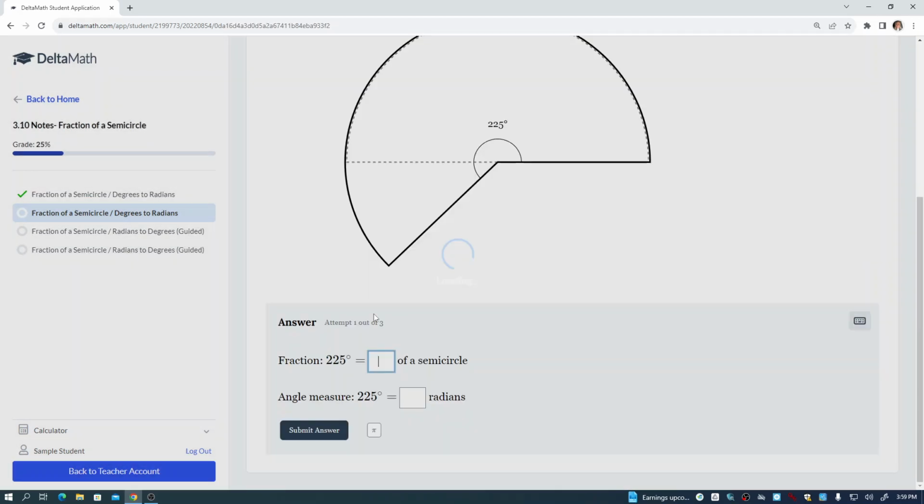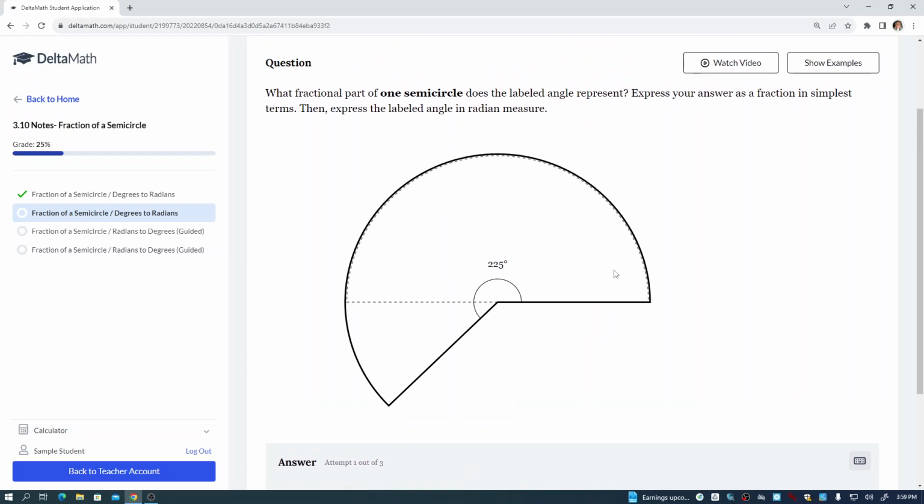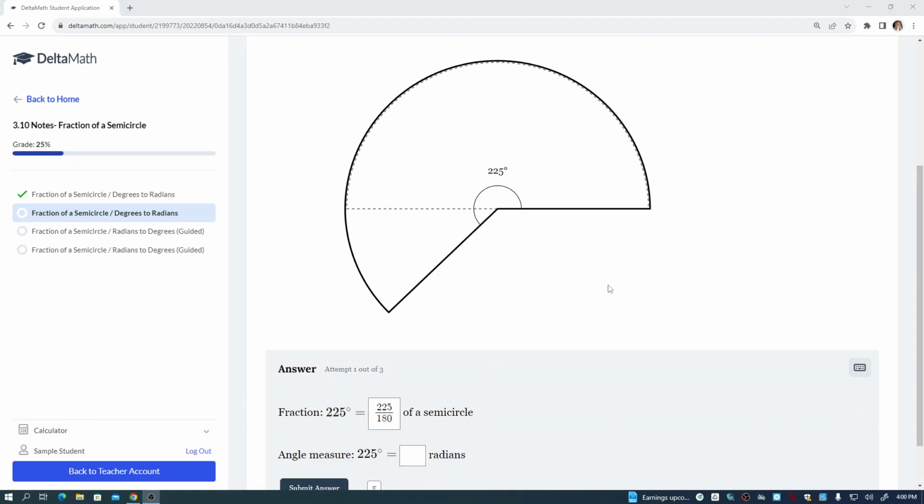Let's try another one. Now we have something that's bigger than a semicircle. So that means it's going to be an improper fraction because we have more than 1 pi. 225 degrees is over 180. If I put that on my calculator and divide, I get 1.25. I turn it into a fraction by hitting math, enter, enter.